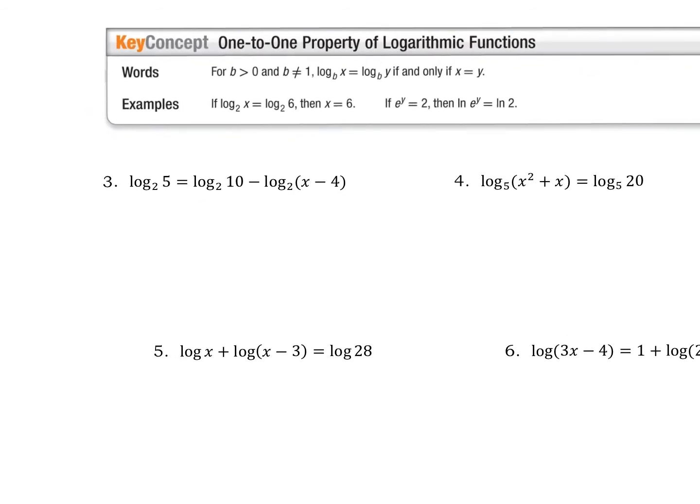So on this right-hand side, we can rewrite this right-hand side as the log base 2 of 10 over x minus 4. So we have the log base 2 of 5 is equal to the log base 2 of this 10 over x minus 4. So if you notice, we have log base 2 of something equals log base 2 of something. So clearly those somethings have to be equal to each other.